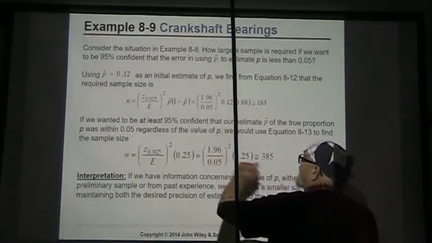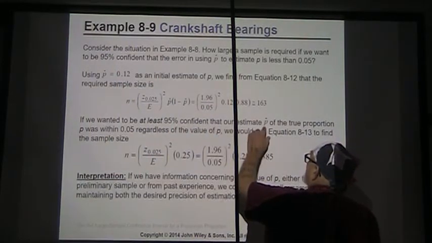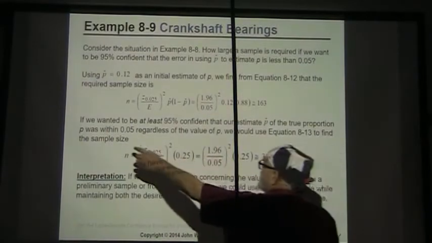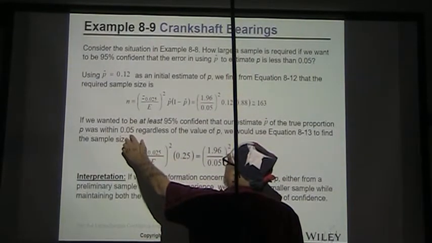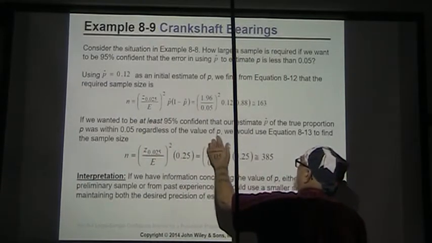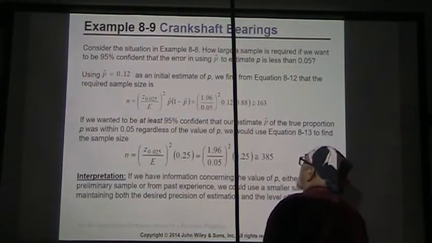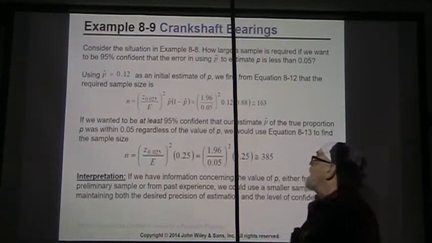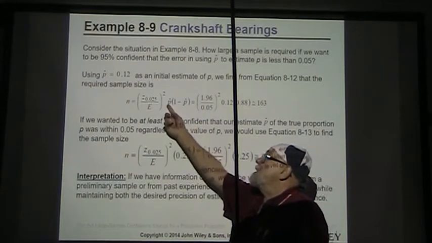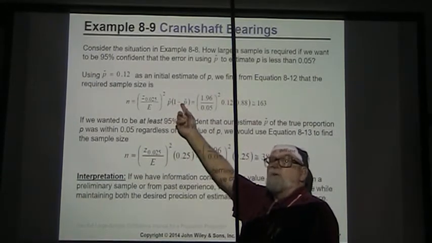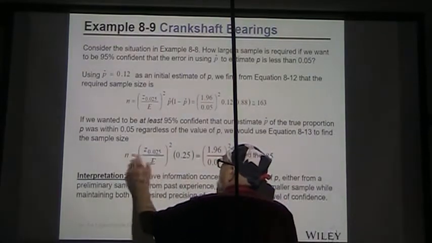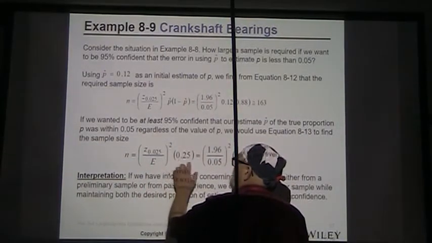So if we wanted to be 95% confident that our estimate p hat of the true proportion was within 0.05, regardless of our value of p, we would use our equation 8-13 to find the sample size. So in other words, instead of using p hat times 1 minus p hat, we would substitute in our 0.25.